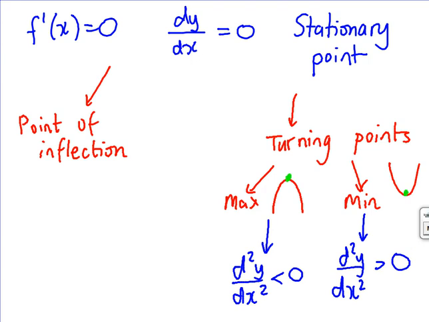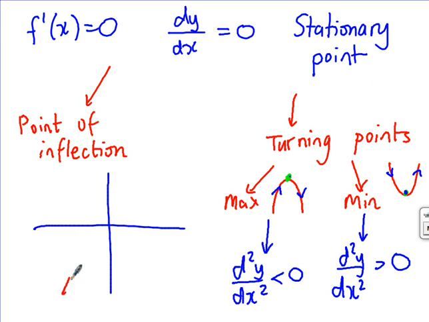Points of inflection are slightly different. Whereas with a maximum point, if we look here on the maximum point diagram, the gradient goes positive, then goes to 0, and then changes to negative, and a minimum point starts off negative, changes, and then goes positive. The points of inflection, like you've seen on a cubic graph, look like they're going to change.